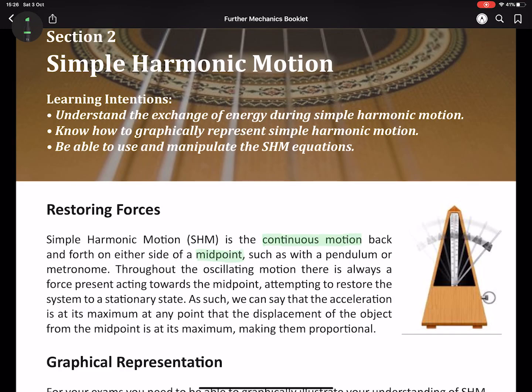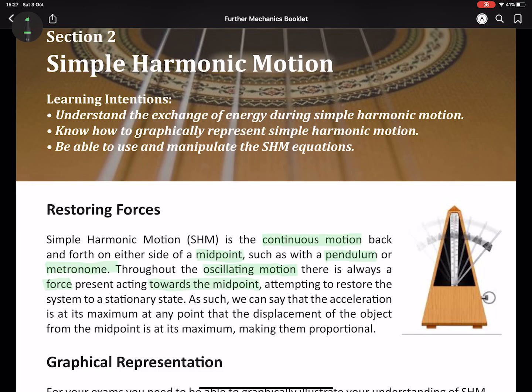So this oscillation back and forth is always going to be experiencing a restorative force. The force acting on the object is always trying to pull it back to the central equilibrium position at the midpoint.